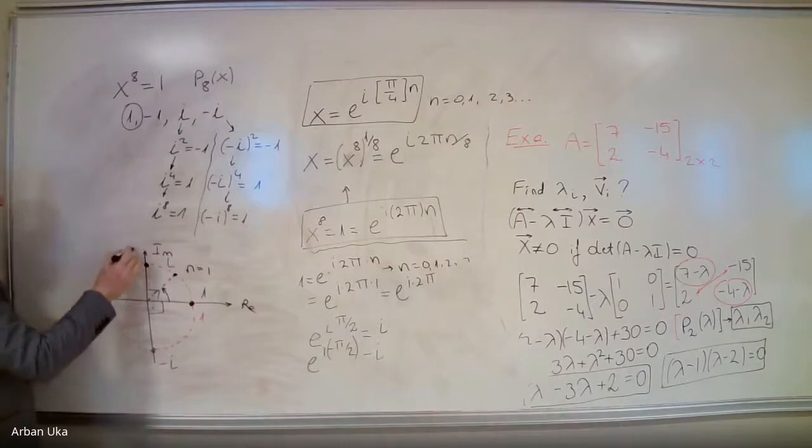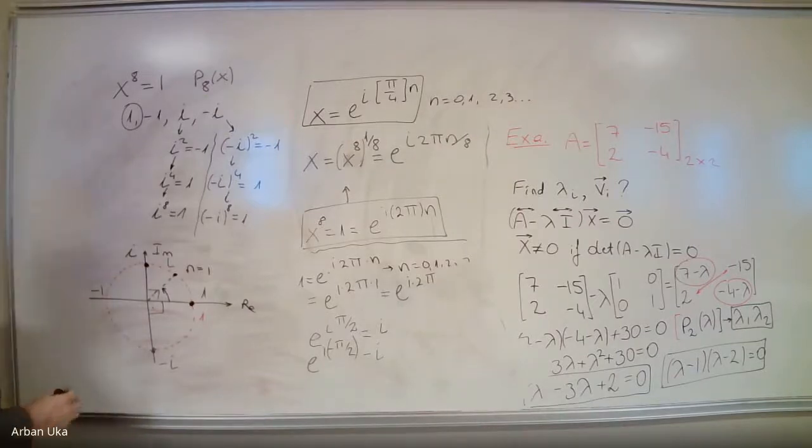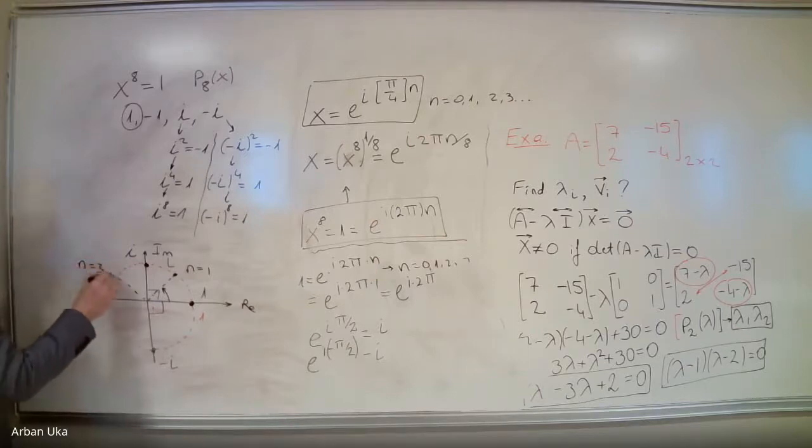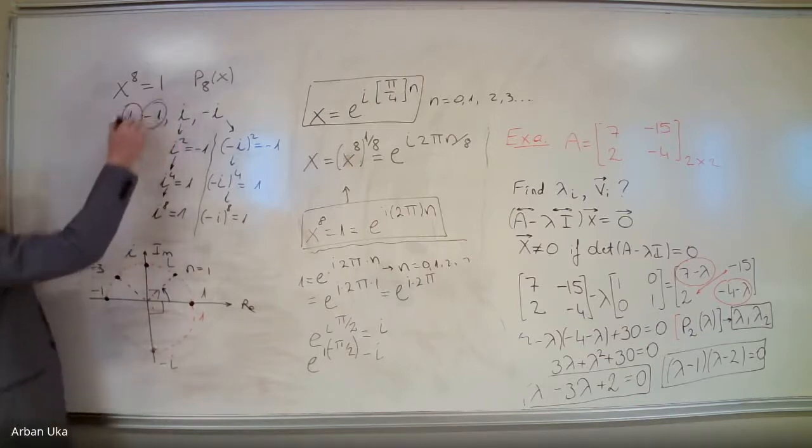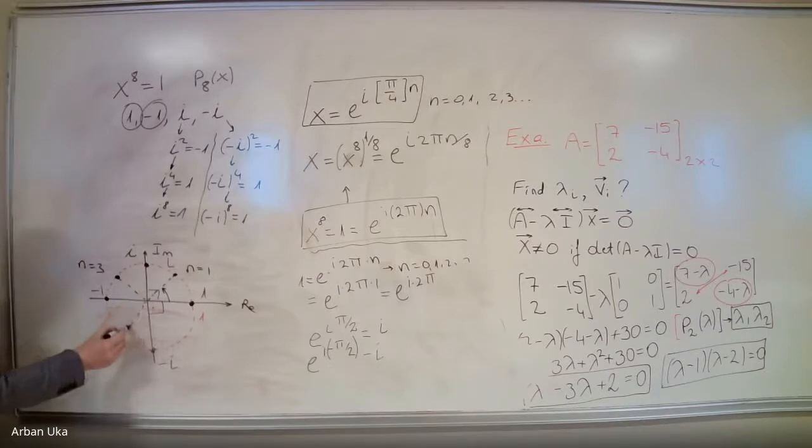We already had the solution, which was I. For n equal to 3, we get this solution. For n equal to 4, we end up here, which was this number. For n equal to 5, we get this solution. For n equal to 6, we already knew this solution.